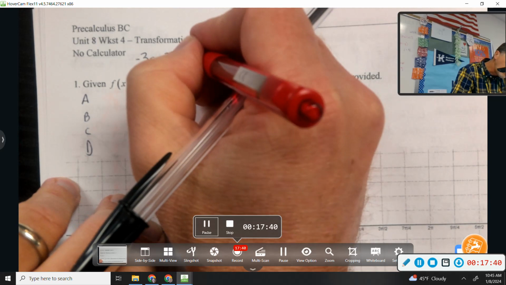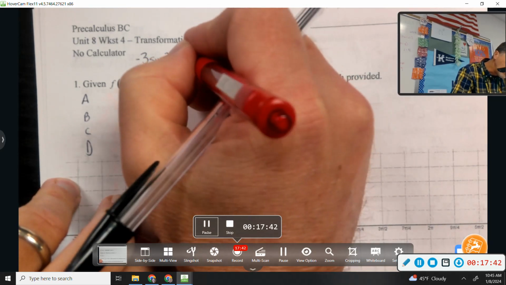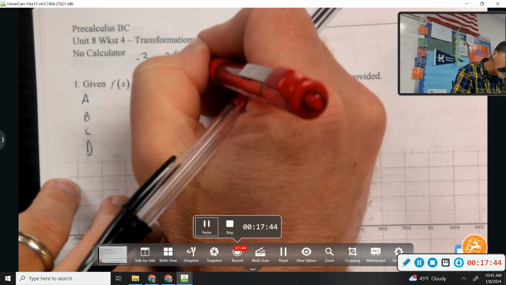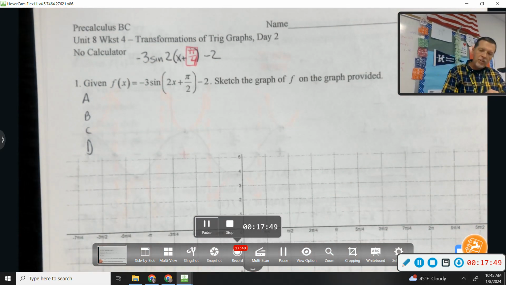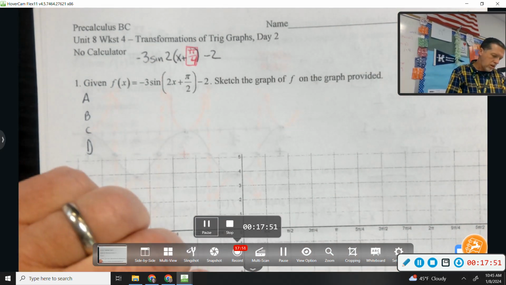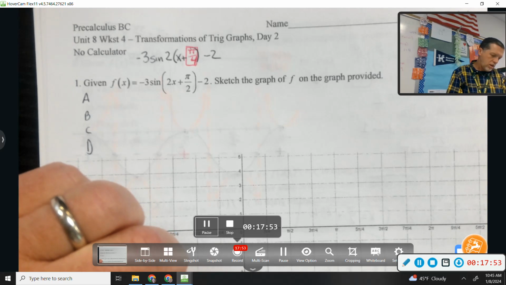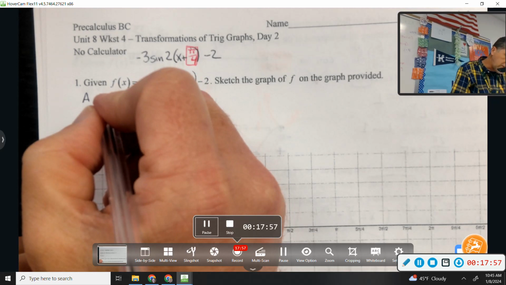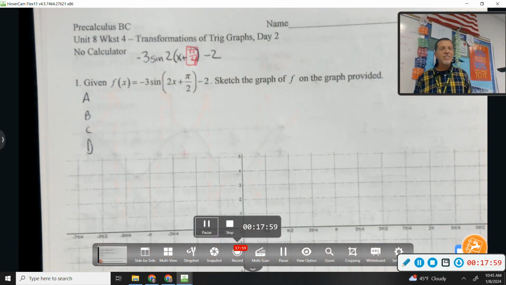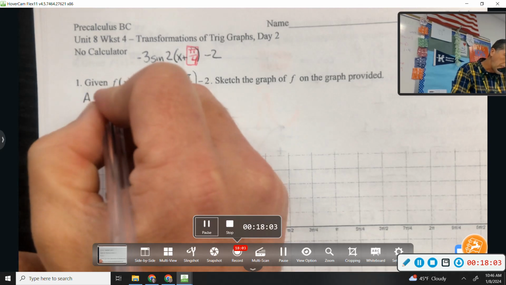So I've got to factor out a 2. Even though it feels like there's not a 2 to factor out, I've got to get that 2 off of the x so that I can get my phase shift. So let's see. What's the amplitude of this graph? 3. Good. Not -3. Although it is flipped.